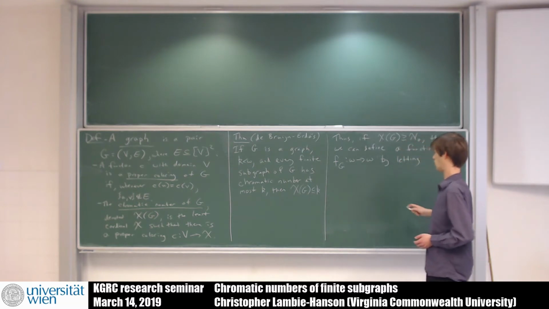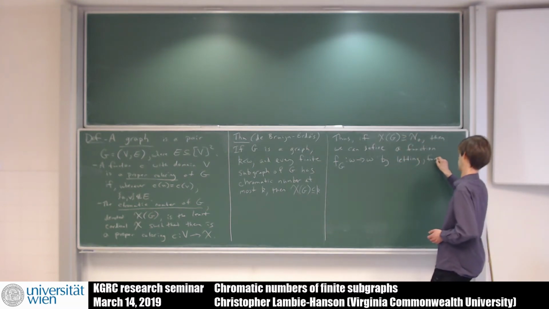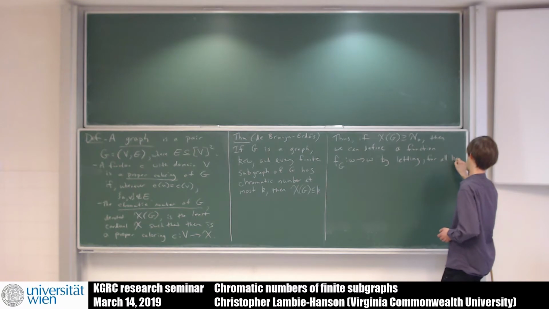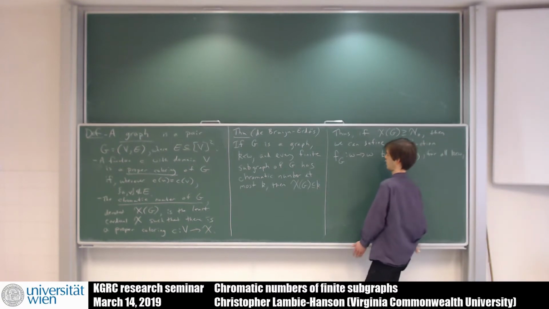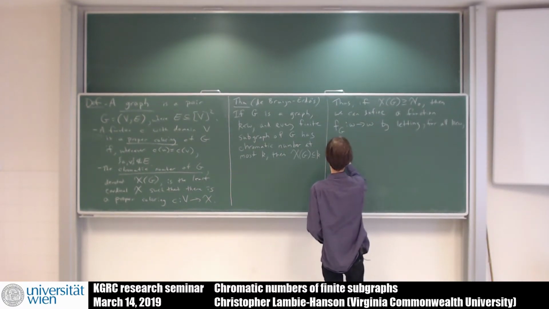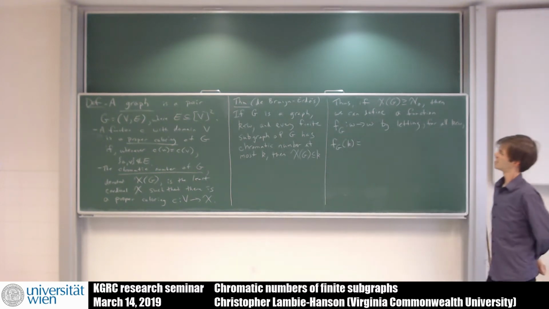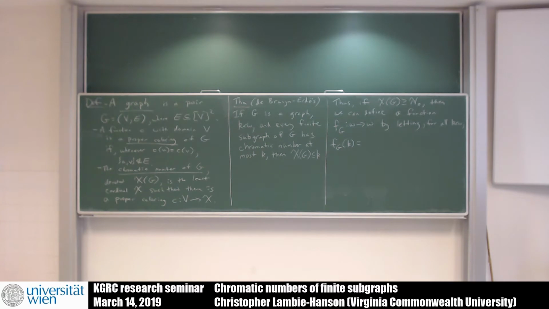I'm going to define it by letting, for all k less than omega, f_G(k) be the least number of vertices in a subgraph of G with chromatic number k.